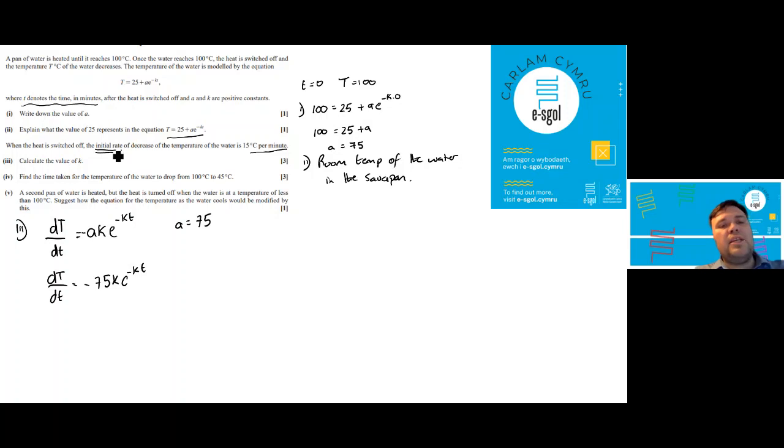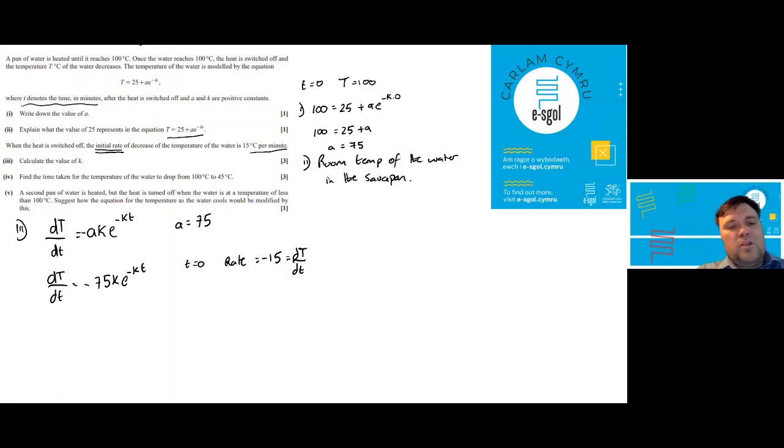So let's go back. The initial rate, well, that's when the time t is equal to 0. The rate is going to be, it decreases, so it's going to be minus 15. So dT by dt, the change in the temperature over the change in time.